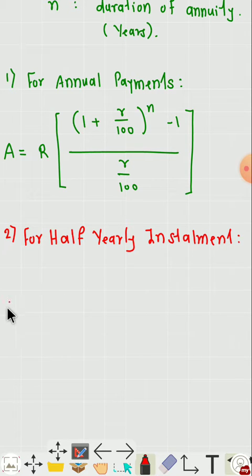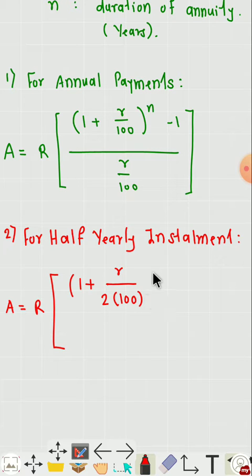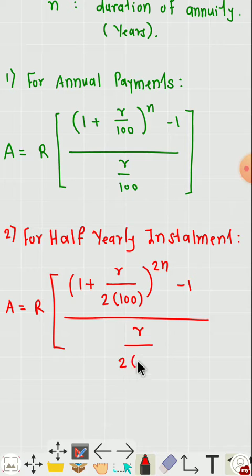The formula for amount A is equal to R inside the bracket (1 plus r divided by 2 times 100) whole raised to the power 2n minus 1, and whole divided by r upon 2 times 100.